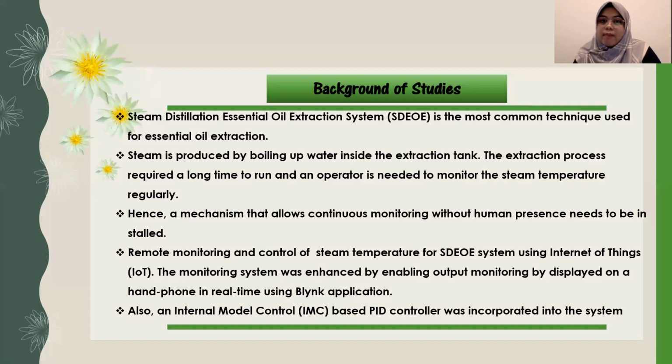Because if the temperature is too low, the oil is not produced. And if the temperature is too high, the molecules of the essential oil are broken or damaged. That's why we always need to monitor the temperature during the extraction process.